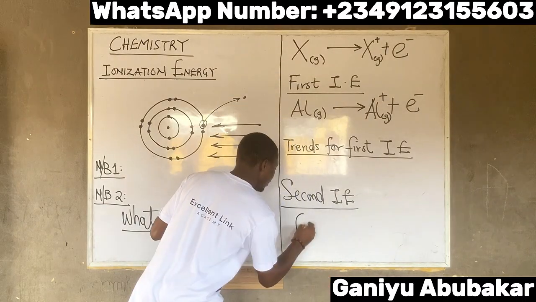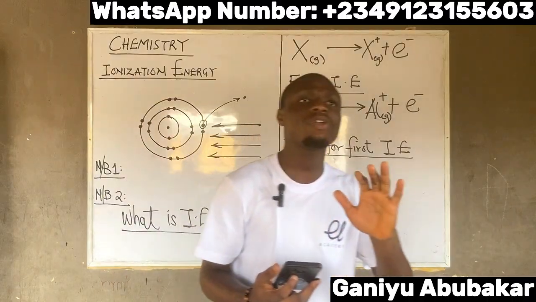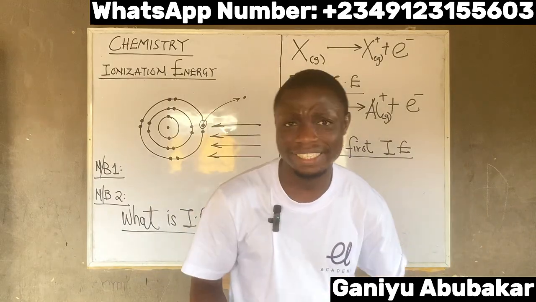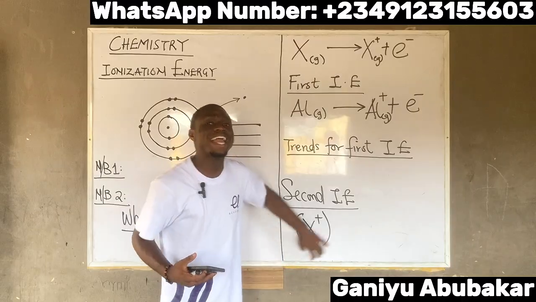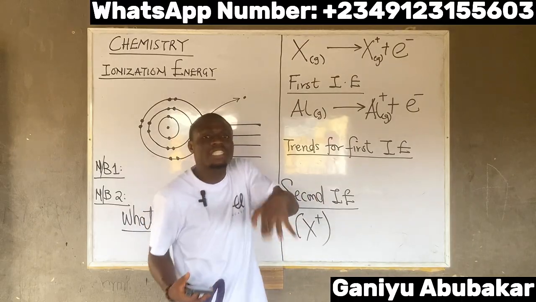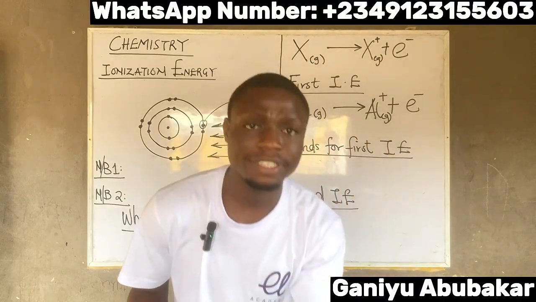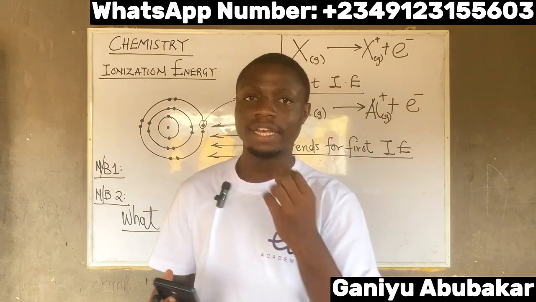When it comes to ions, they could be either positive or negative, but in this case it is positive, right? So your ability to remove an electron from a positive charged ion is called second ionization energy, or second IE, as the case may be.